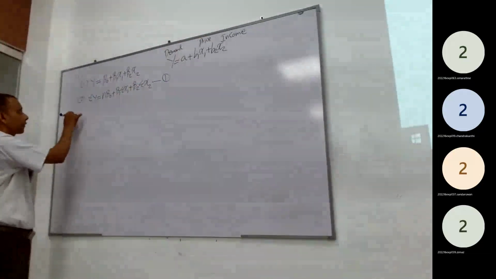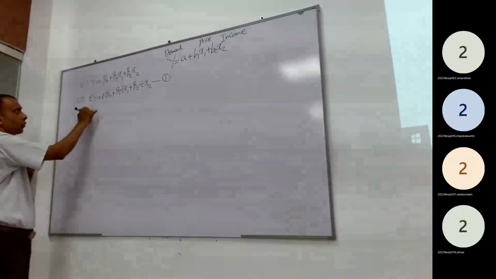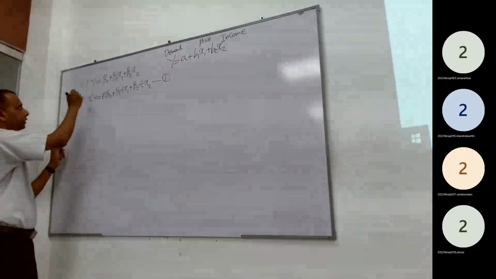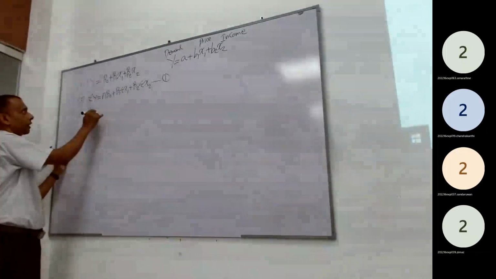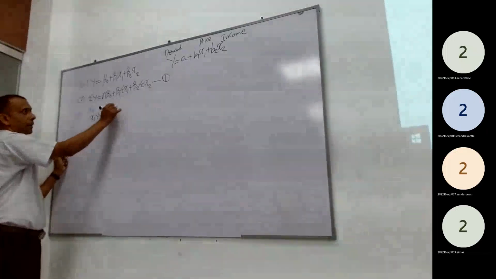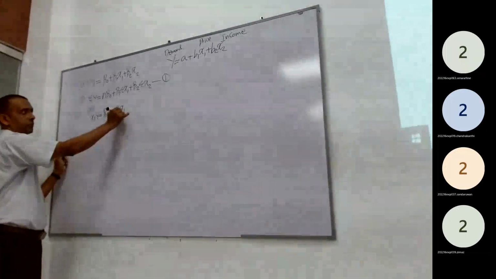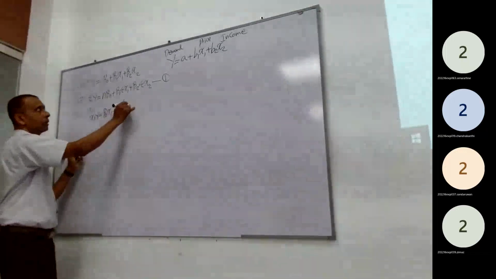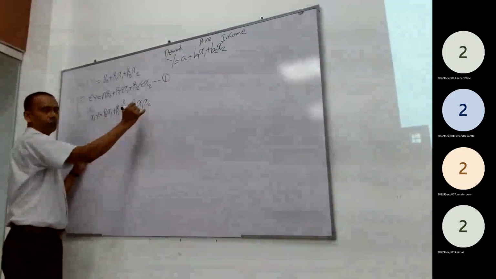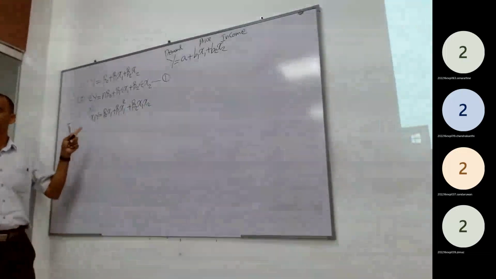Step 3, multiply by x1. When I multiply by x1, I get beta 0 x1, beta 1 x1 squared, beta 2 x1 x2. Then apply sigma.